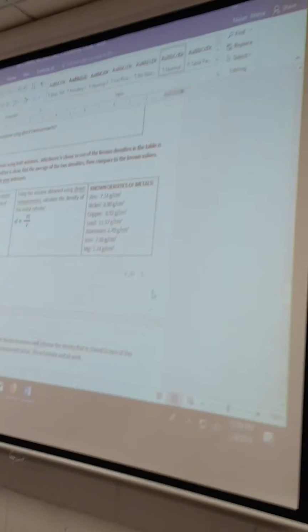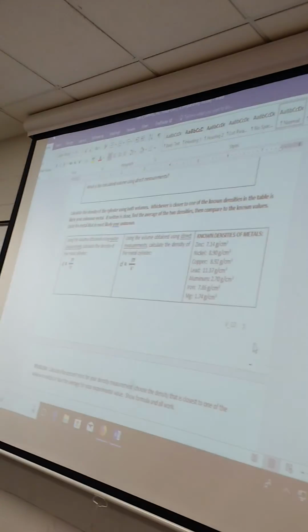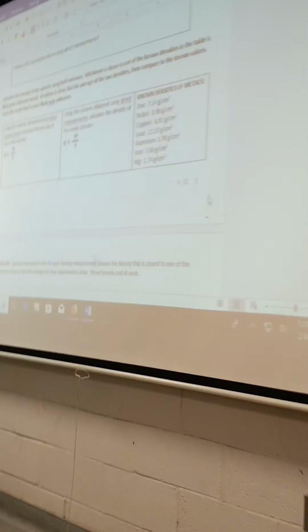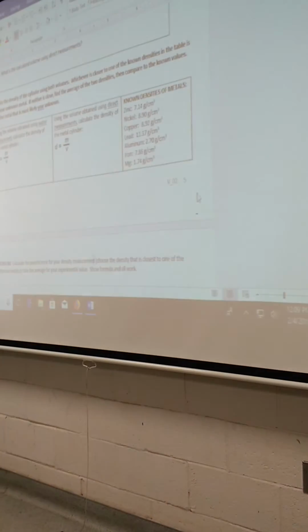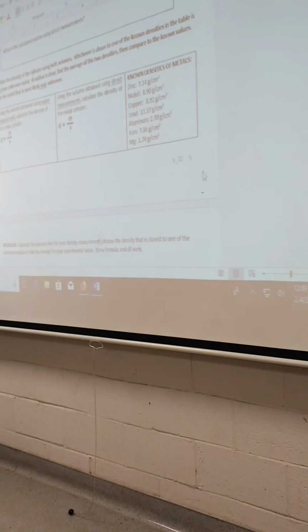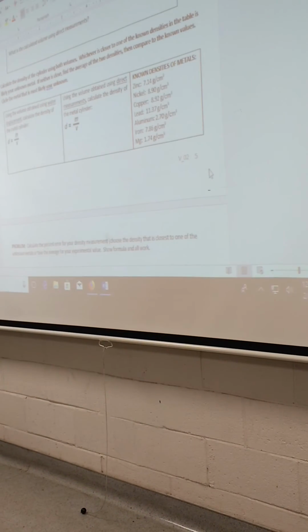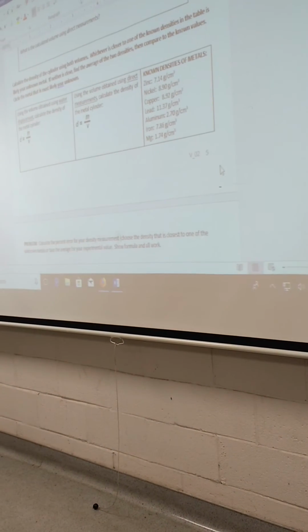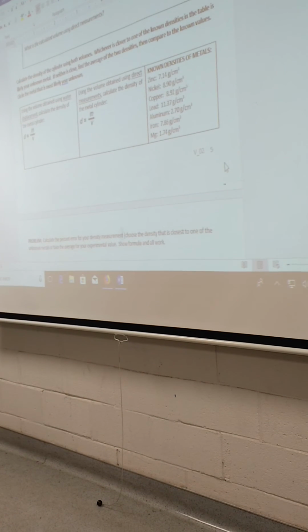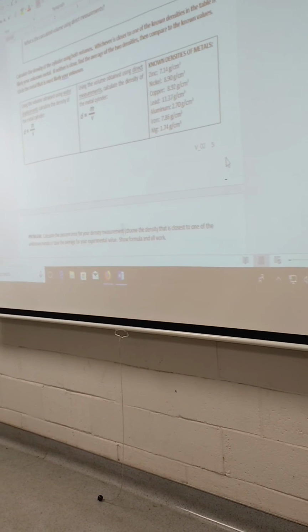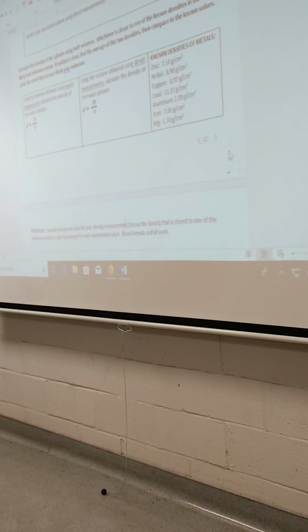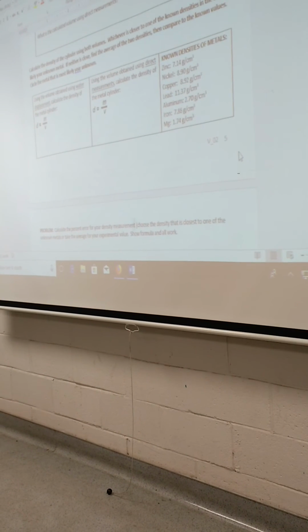Those are the tables. That's your absolute value, correct? Then you have to make a calculation. You make your error, so how far or how close you are. You can take the average of both methods, or one method, and see how good your method is compared to the absolute values.